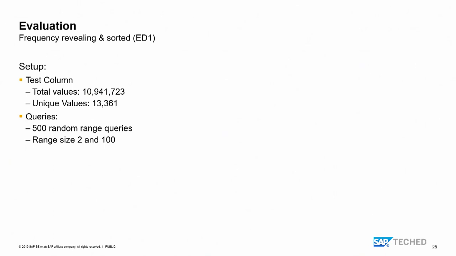Then we sort these 13,000 values, and now we pick one of them randomly, and the next. This means a range size of 2. So we search for values that are definitely in there, and that they are consecutively in a sorted list. 100 means more or less the same, random value. 100 later, this is the range we search for.